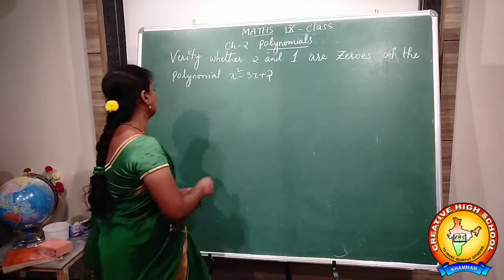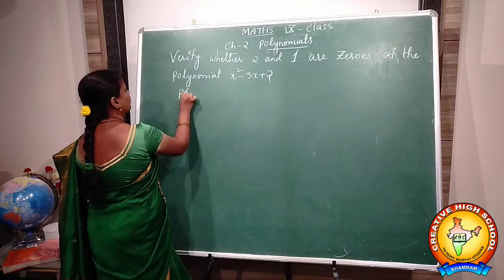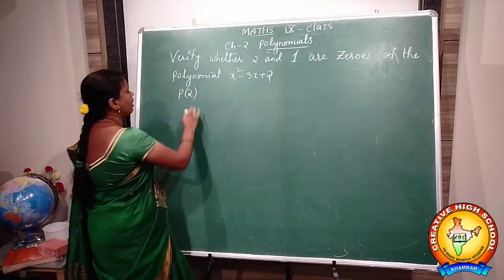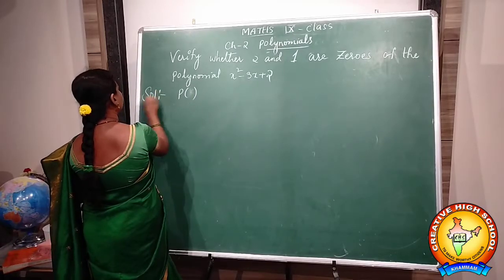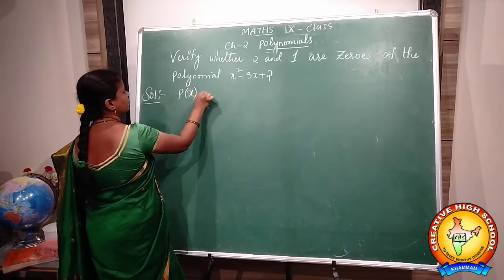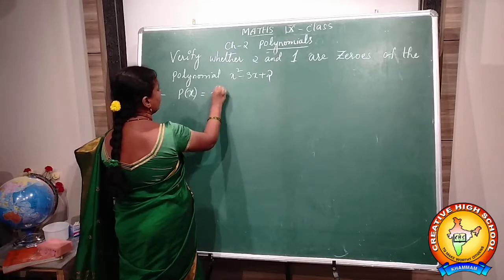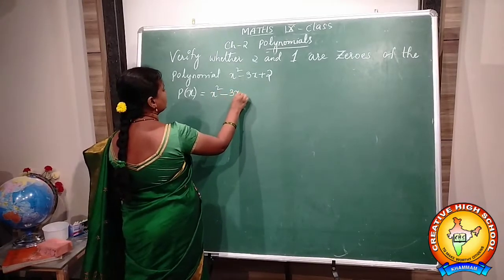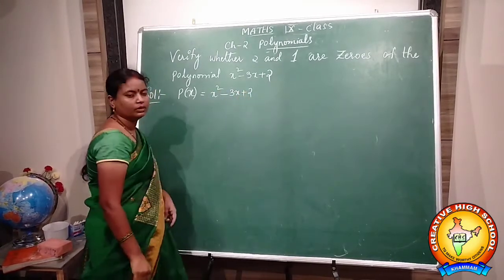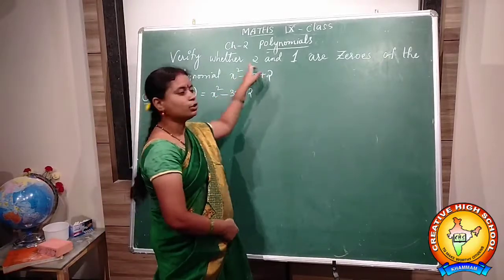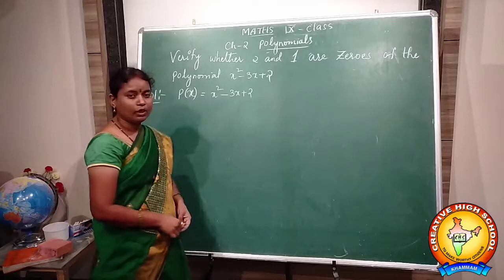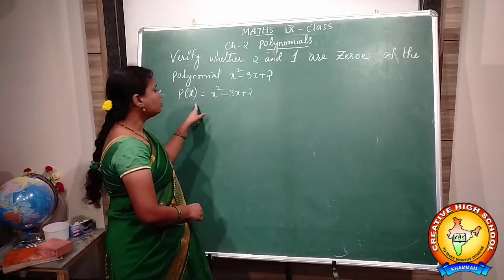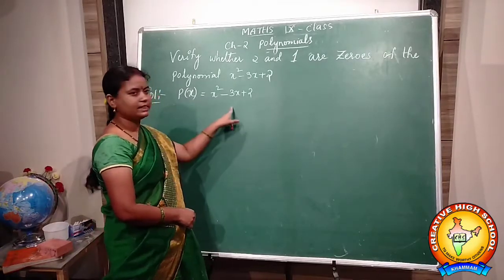Now let us write p of x. P of x is equal to x square minus 3x plus 2. Now let us check whether 2 is the zero of this polynomial or not. For that we have to substitute 2 in the place of x.